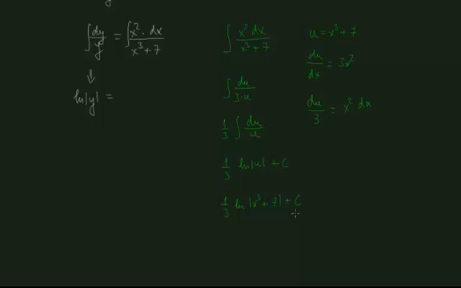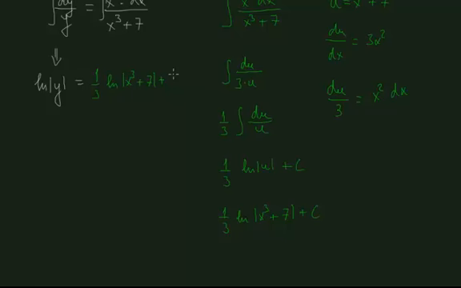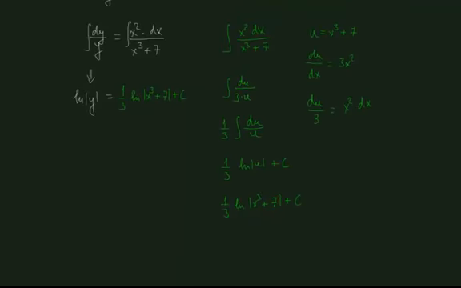So this whole thing equals the integral from the right hand side, so we can replace this integral with this whole thing. So now this side turns out to be 1/3 natural logarithm of x cubed plus 7 plus constant. Alright, let me choose the white color.